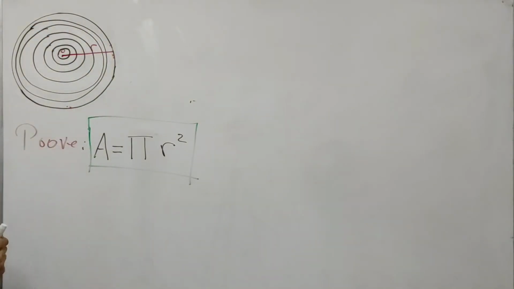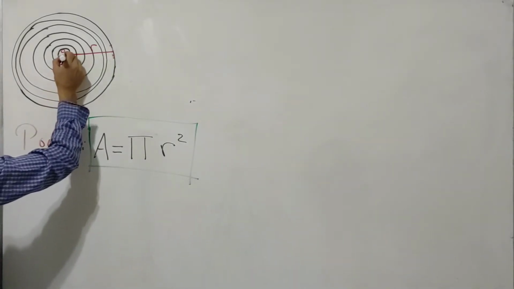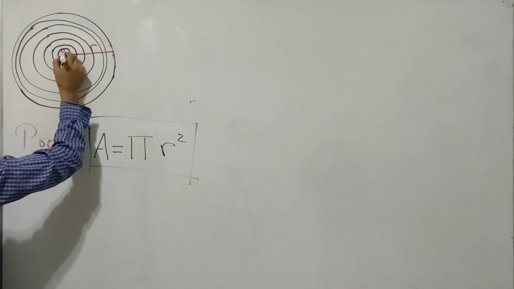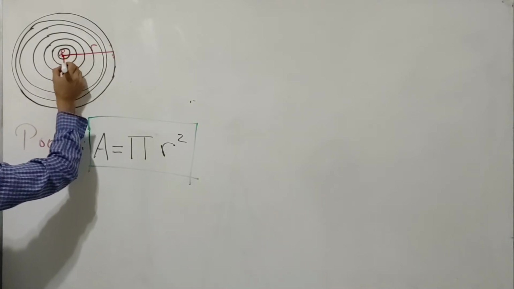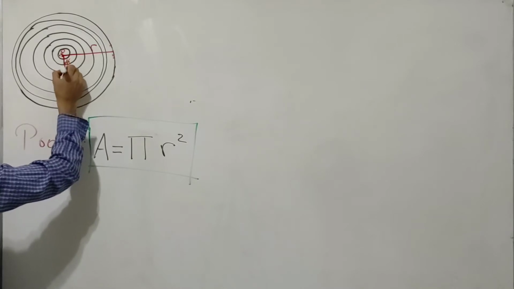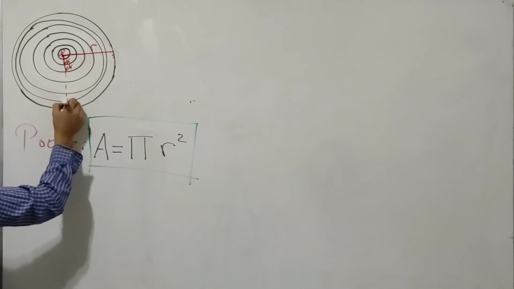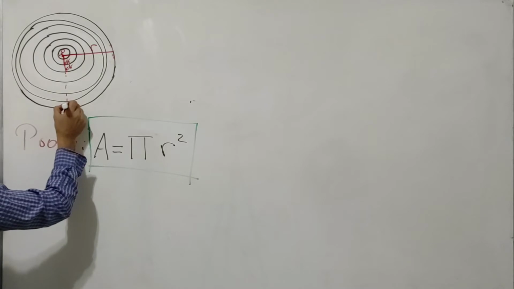The way this circle is growing is in terms of r. The radius of this small circle is dr, the second circle is dr, the third one is dr, and all the way down until you get the whole r as a radius.